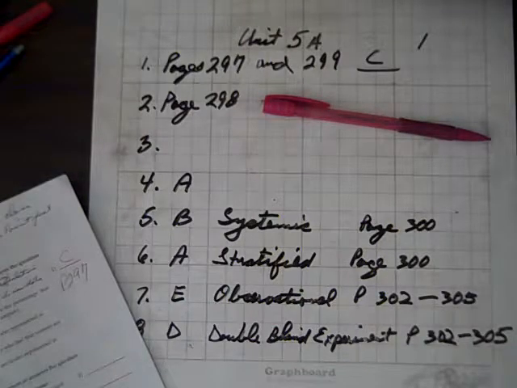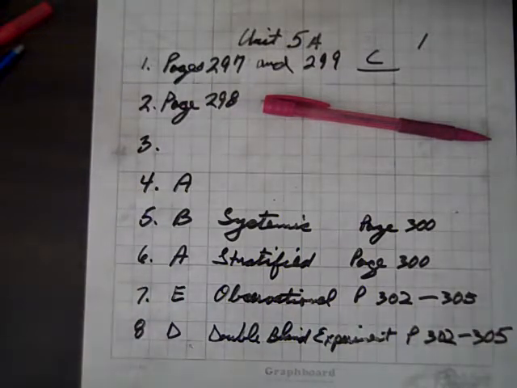A pattern repeats itself. For number 6, a market researcher randomly selects 500 drivers under 30 years of age and 500 drivers over 30 years of age. And that's stratified sampling. And again, please look at page 300.